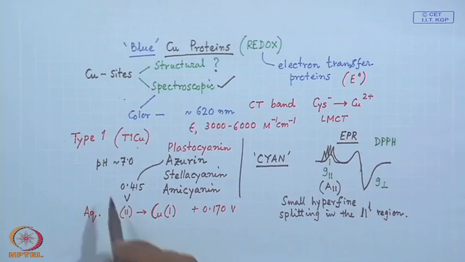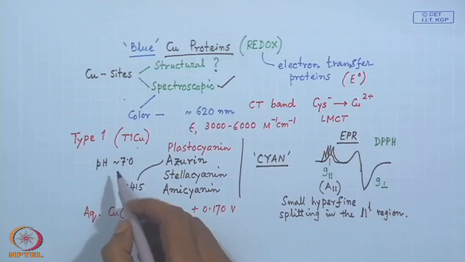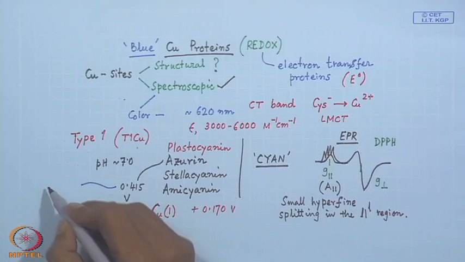So, you have a corresponding potential which is high compared to your copper center, which is aqueous copper in solution, that means any copper salt in solution. So, a relatively high reduction potential.